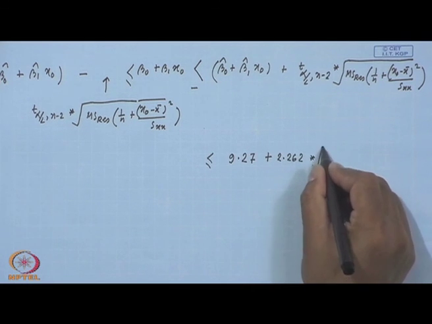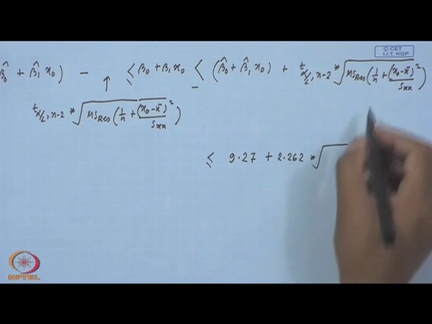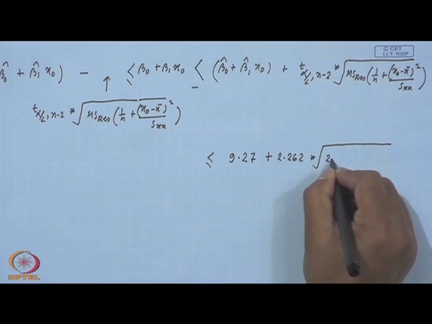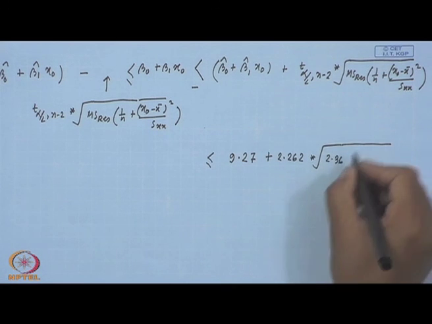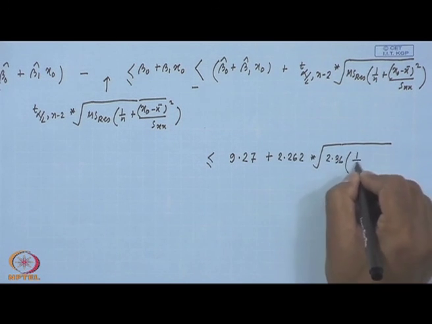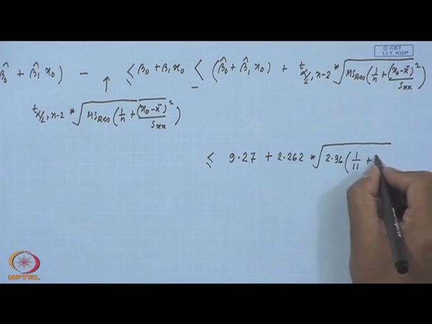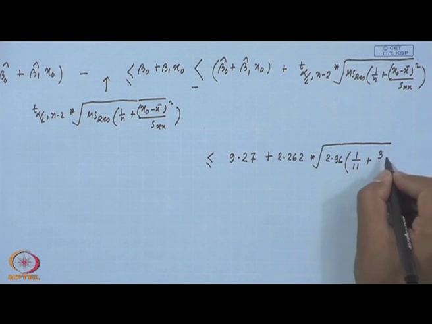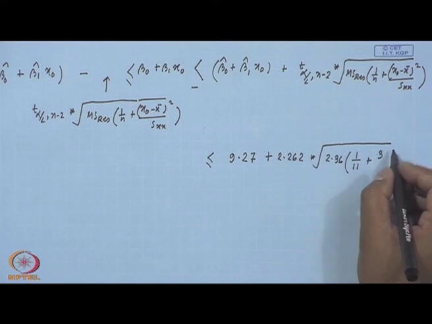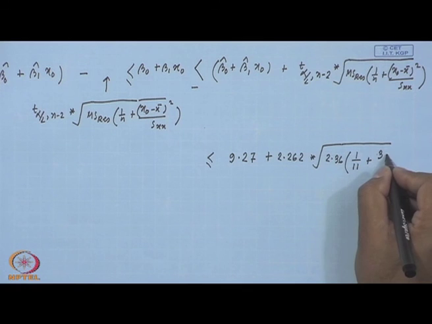and then you have here the MS residual is 2.36 and n is 11 plus x naught is 3, okay, and x bar is 0 here.